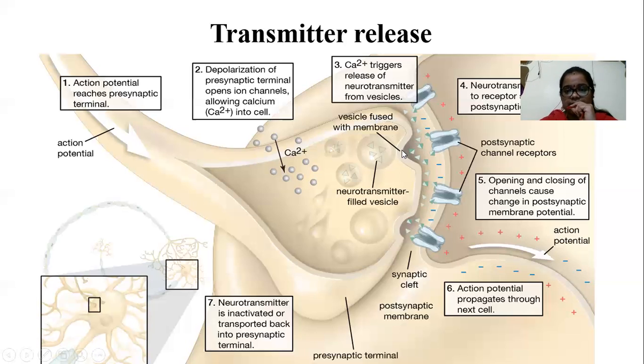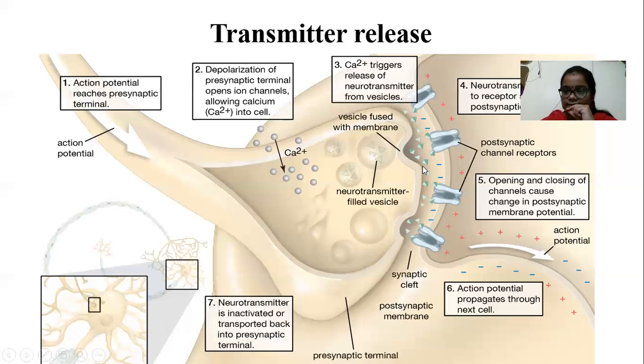Then neurotransmitter is released into the synaptic cleft, the space between the presynaptic neuron and the postsynaptic neuron.